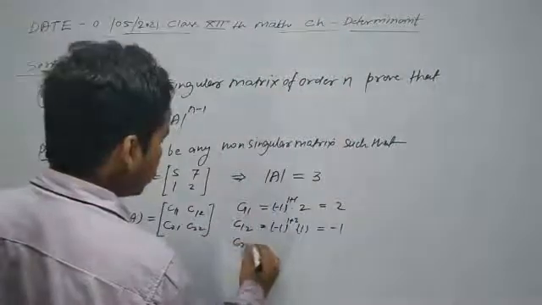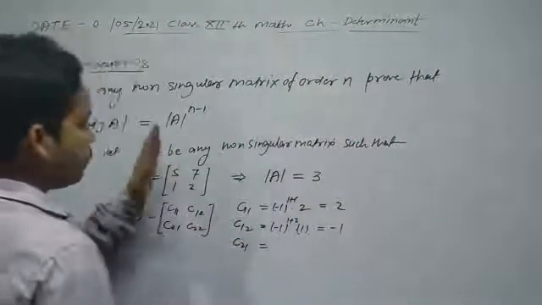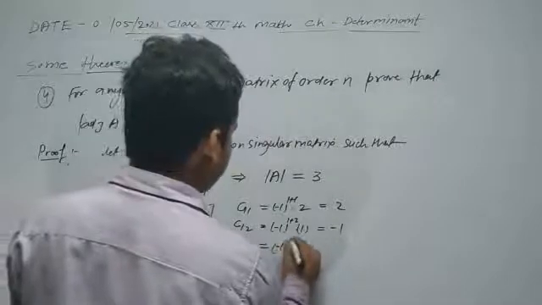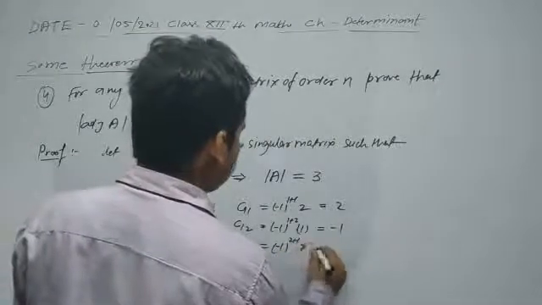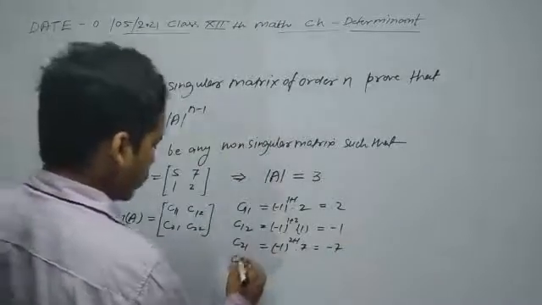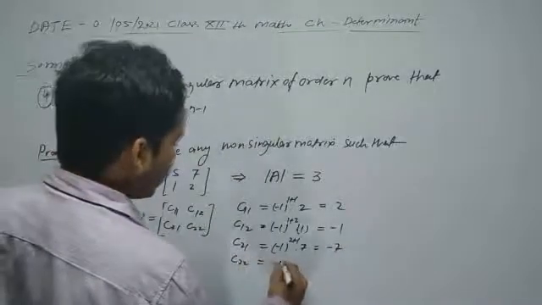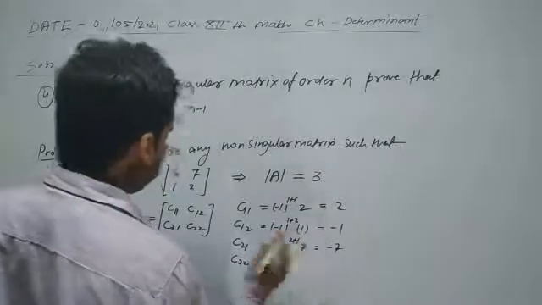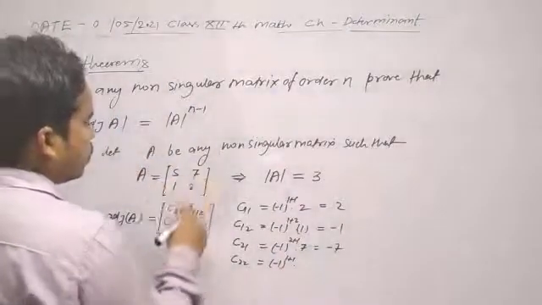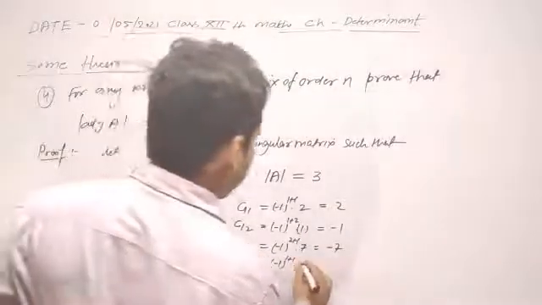C21: delete second row, first column, so you will get 7. Minus 1 to the power 2 plus 1, so the result is minus 7. And C22: minus 1 to the power 2 plus 2, delete second row, second column, the result is 5.